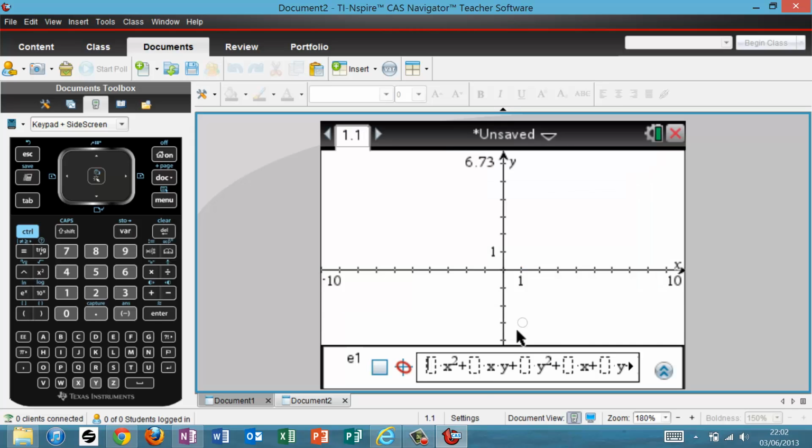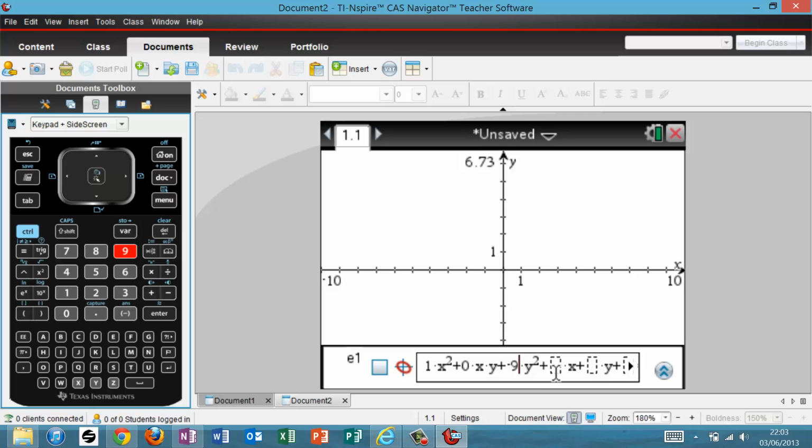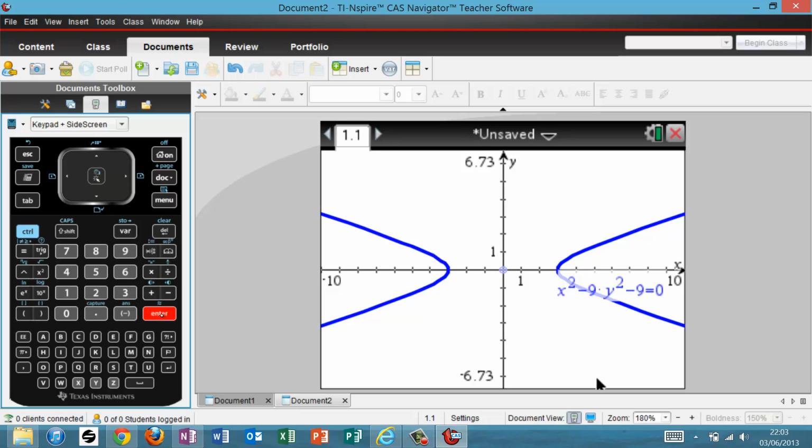I can get this general form for any conic, and the one I gave you was 1x squared plus 0xy, and that would be a negative 9y squared. There's no x term, there's no y term, and the constant term moved over to the left side would be a negative 9. So that's a hyperbola, which is what we suspected it would be.